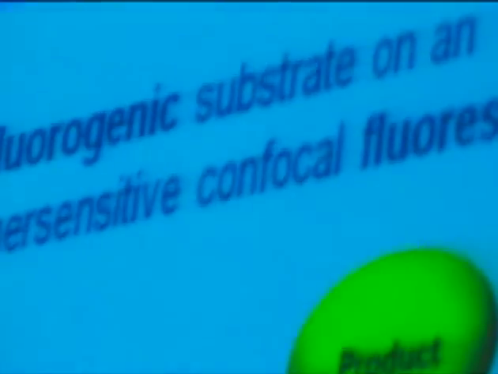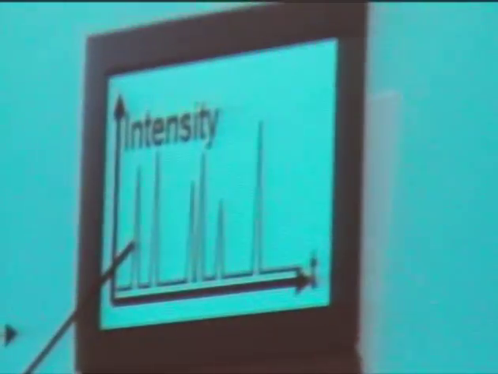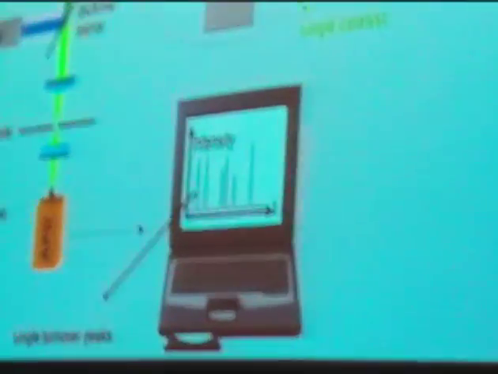Okay, so what is now the key to observe individual turnover events or individual reaction events? Well, there are a few approaches possible, but the most versatile is schematized in this slide. What we normally do is we immobilize our catalyst in a very dilute way on a cover slip, so that we can really look at individual catalysts, one catalyst at a time, and we apply a substrate or a reactant that is not fluorescent, but upon the catalytic action is converted into a very fluorescent product.